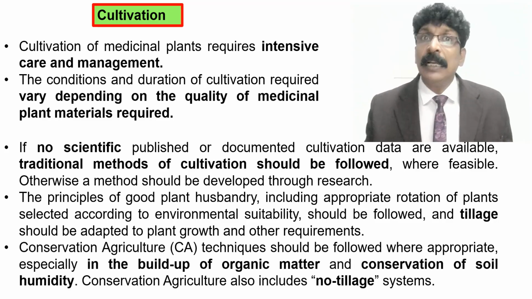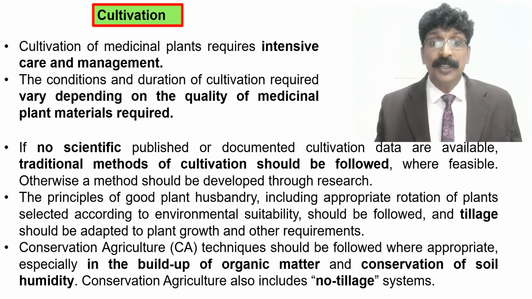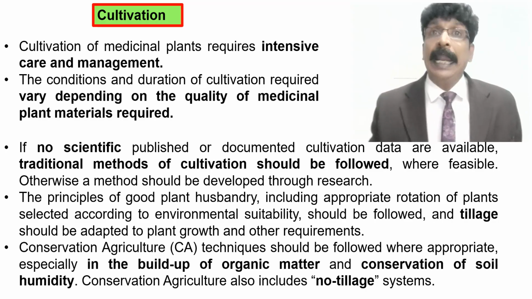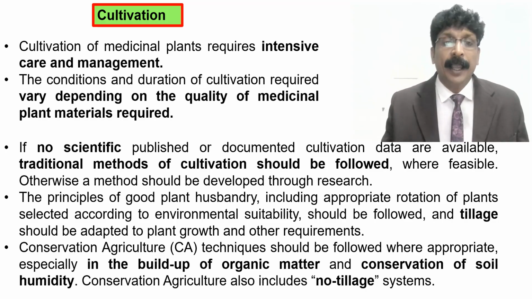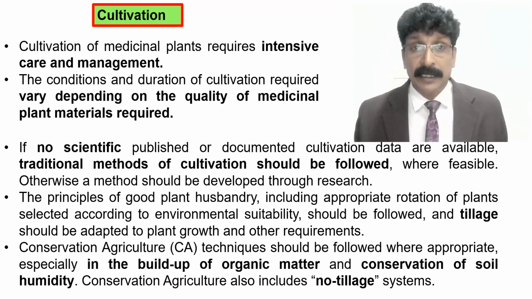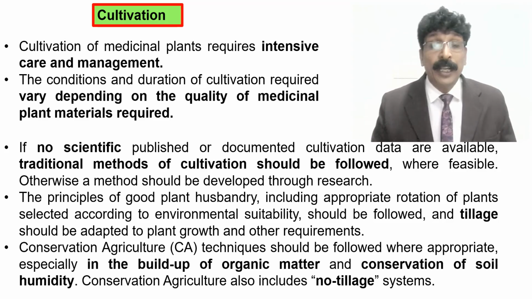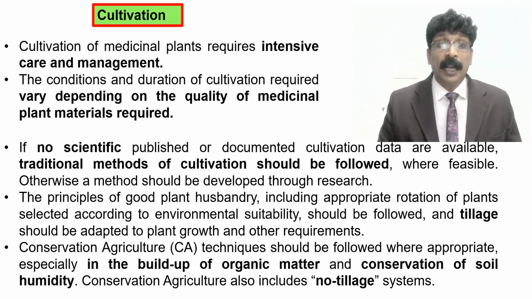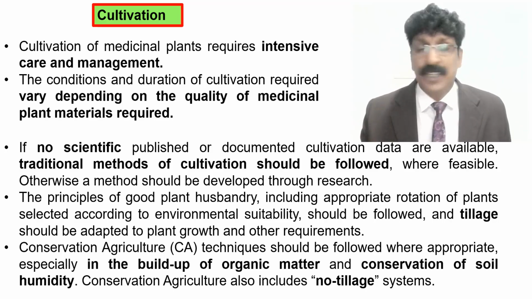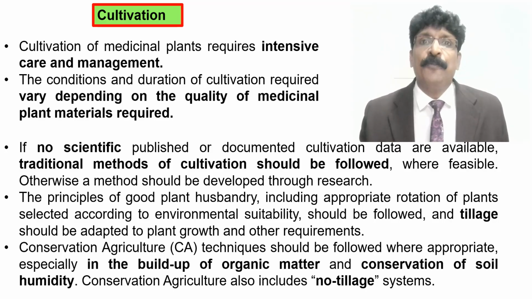Conservation agriculture technique should be followed where appropriate, especially in the buildup of organic matter and conservation of soil humidity. Conservation agriculture also includes no tillage; not making damage to the soil by means of tillage system also needs to be followed.